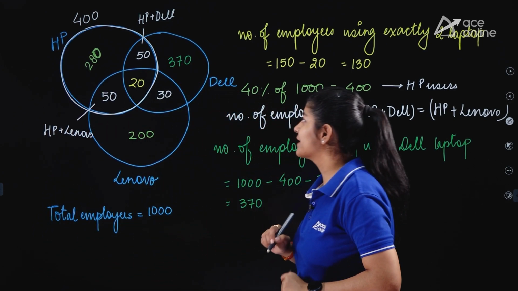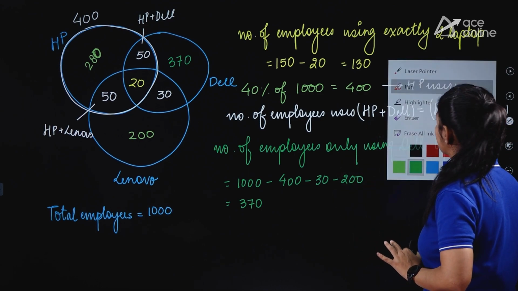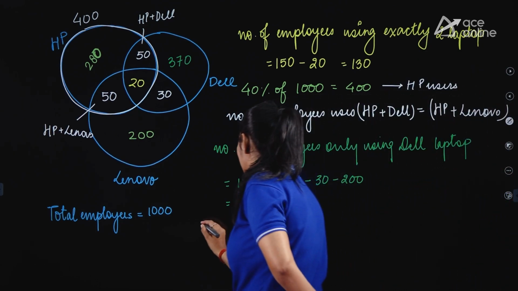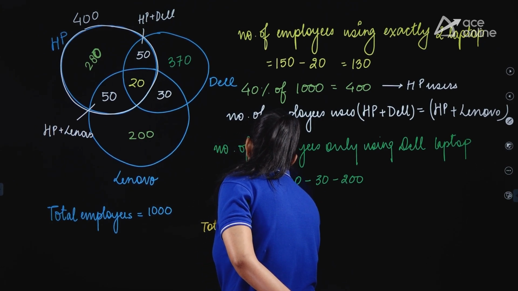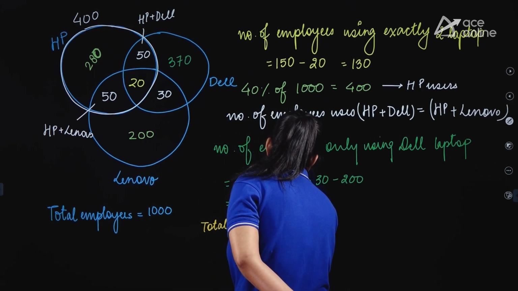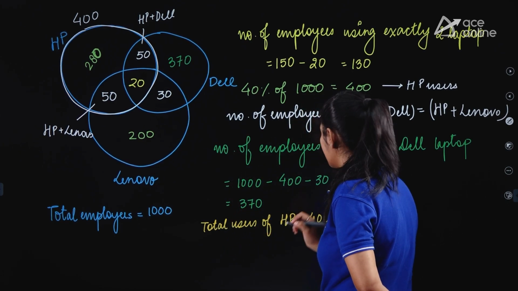But if we want to calculate the total number of users, here we are calculating the total users. Total users of HP is equal to 400, right? We already calculated it.